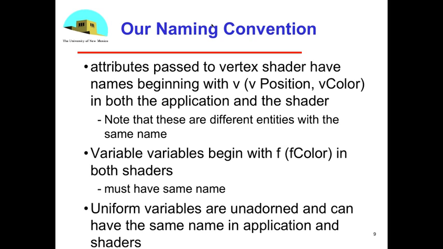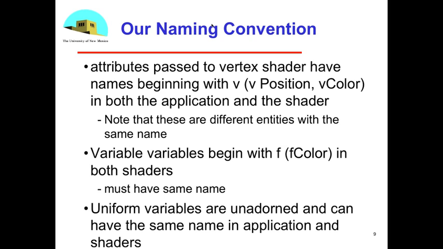So for example, with attributes, we'll use V position in the application and V position in the vertex shader, even though they're different entities inside. But that will lock it in. They're coupled, but they're stored separately, because one's in the application, the other's in the shader.